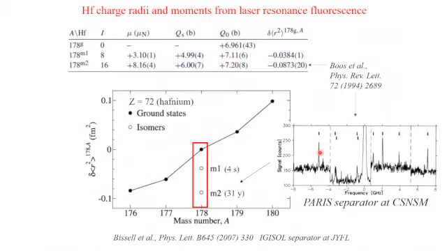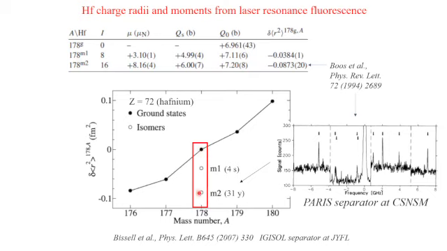And this is a famous result because it's still not properly understood. It was augmented by Bissell and co-workers at Jyväskylä, who made a beam of the M1 isomer using the IGISOL separator. If you compare the mean square charge radius from the laser measurements of the isomers and the ground state, you can see that particularly the 31-year isomer is really substantially smaller.